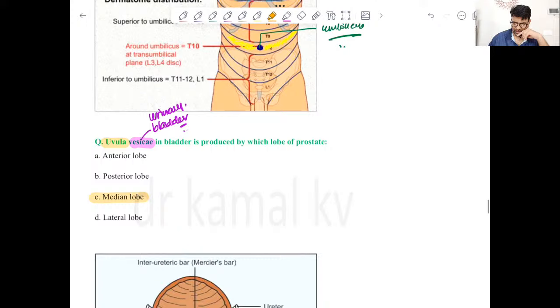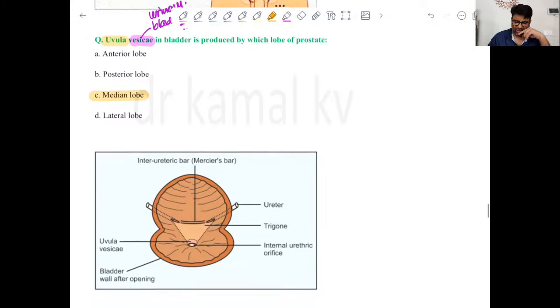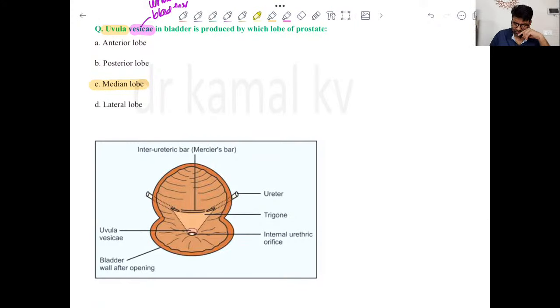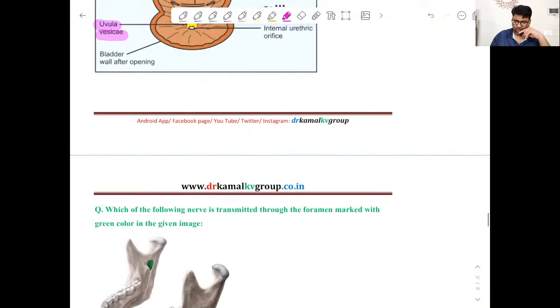If we see the section here, we can see this is the prominence within the urinary bladder, and this prominence is known as the uvula vesicae, which is an impression created by the median lobe of the prostate gland, right? So this is because of the median lobe of the prostate gland.